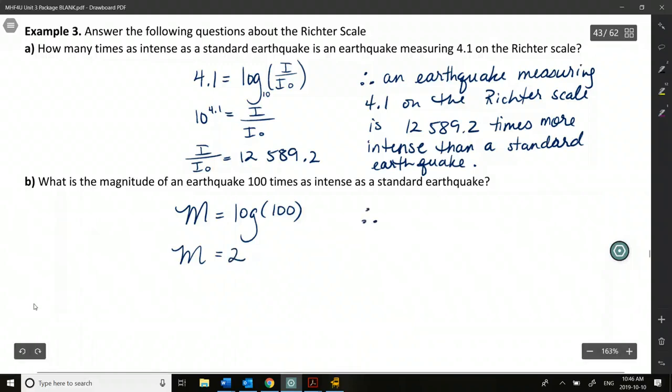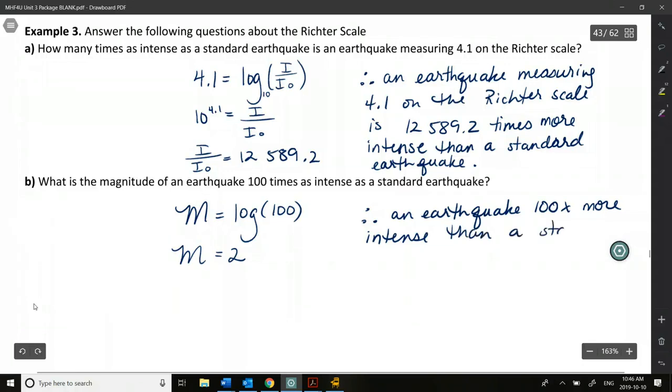Okay, so an earthquake 100 times more intense than a standard earthquake would measure 2 on the Richter scale.